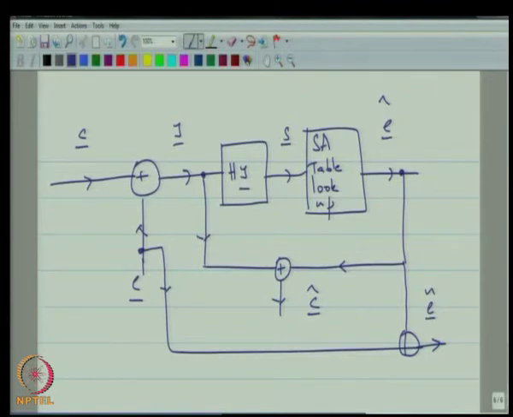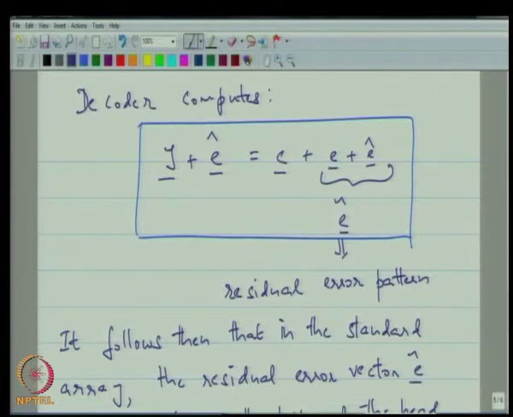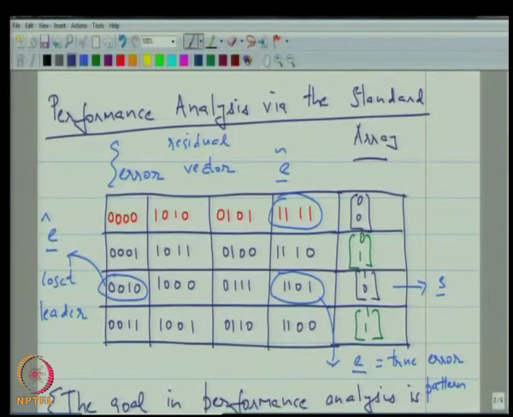So, getting back to this table now. In terms of performance of error, supposing I were to ask you, which error patterns is the code able to correct? You look down at this table and say, look, if in fact I am able to correct an error pattern, then the residual error vector must actually be 0. So, the only error patterns that I can in fact correct are those for which the residue is 0.